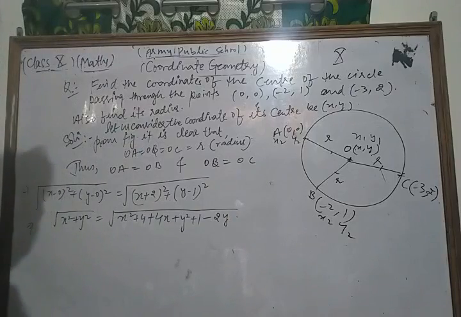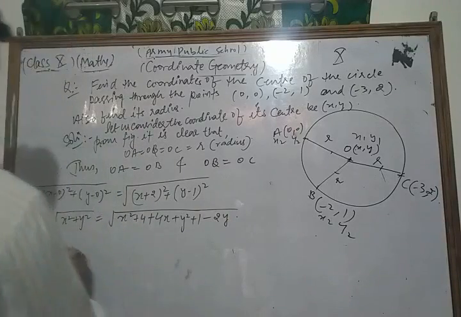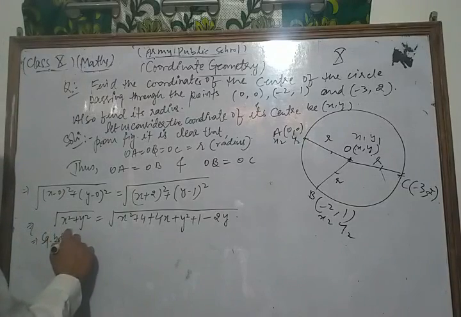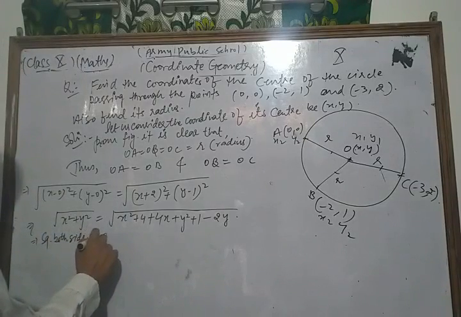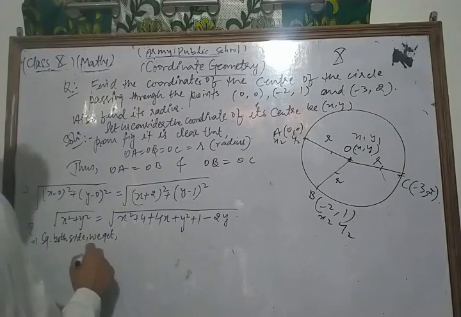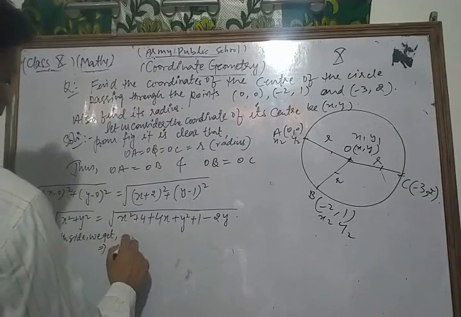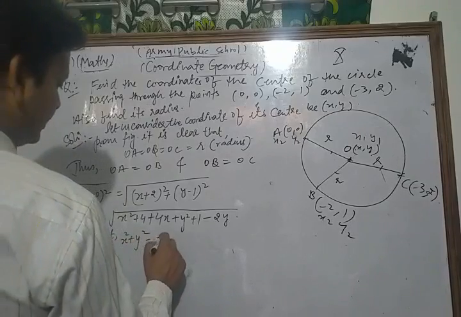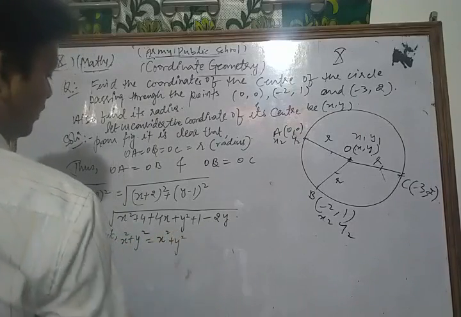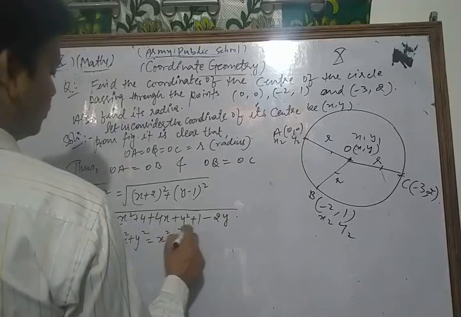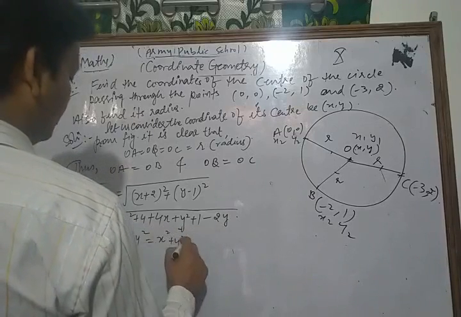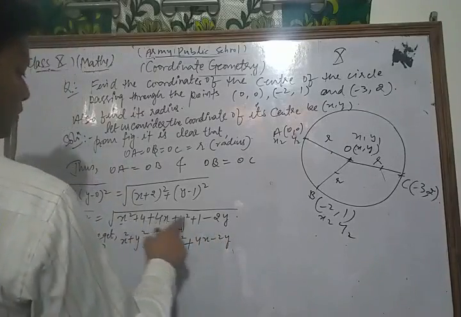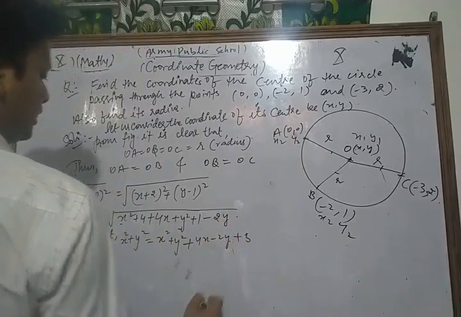Now we take squaring on both sides. Squaring both sides, we get x squared plus y squared on this side, and on that side x squared plus y squared plus 4x minus 2y plus 4 plus 1, that is plus 5.